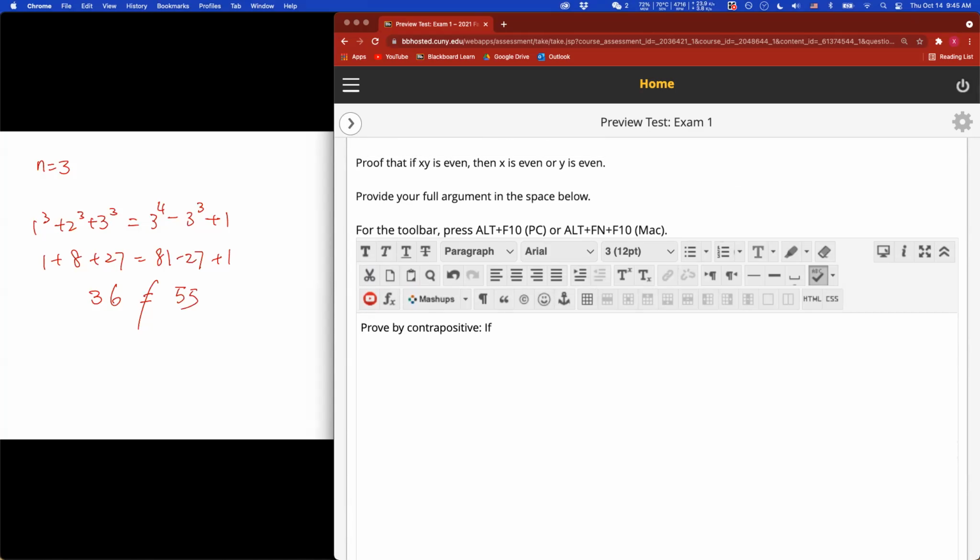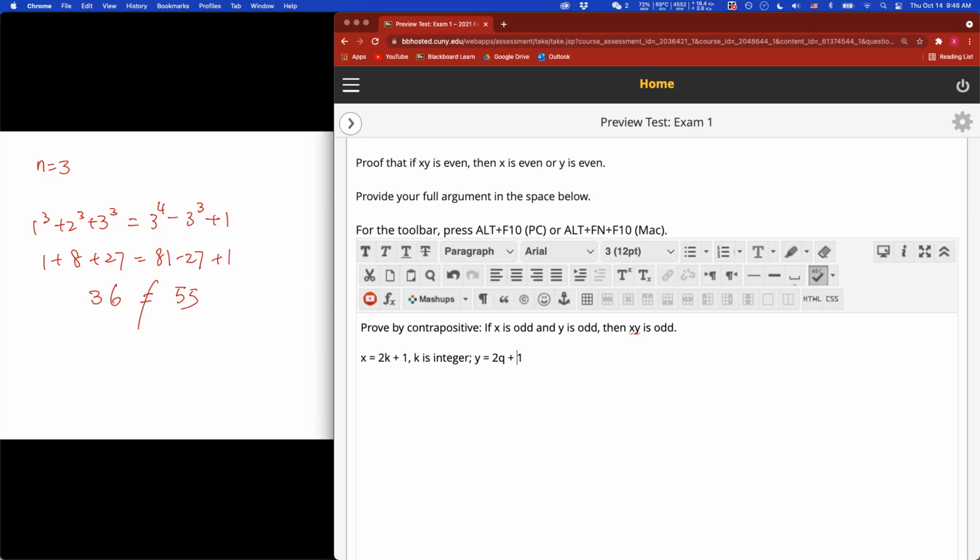So you negate the q. You have: if x is odd and y is odd, then xy is odd. To do that, you will write x as 2k plus 1, where k is an integer, and you will have y as 2q plus 1.